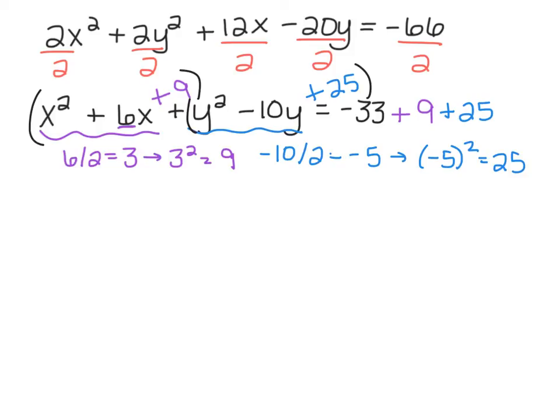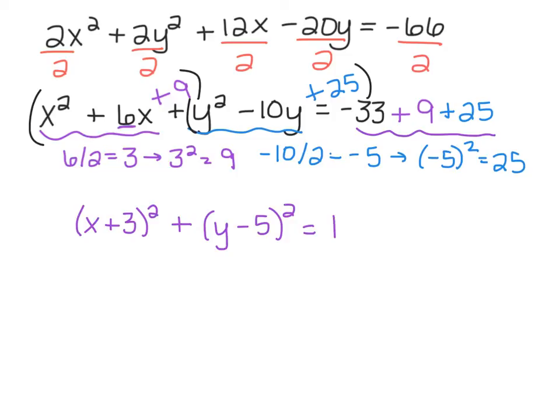Okay. So let's see, x squared plus 6x plus 9 is really x plus 3 squared plus y squared minus 10y plus 25 is going to be y minus 5 squared equals, put all of this together, let's see, 9 and 25 is 34, so -33 plus 34 is just a 1.